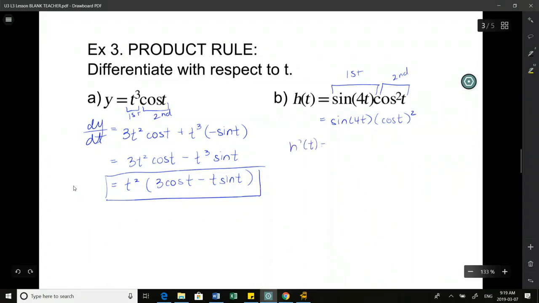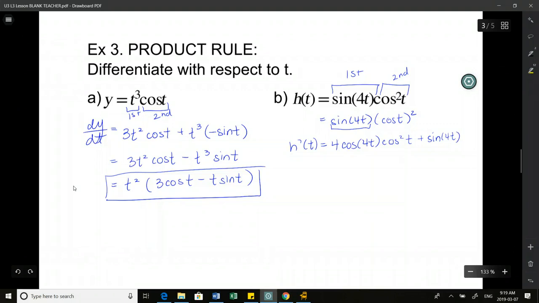Then I'm going to start differentiating. The derivative of the first, sine of 4t, gives 4 cos 4t. So derivative of the outside, multiplied by 4 because that's the derivative of the inside, times the second, which we can just write as cos squared t, plus the first, exactly as it is.